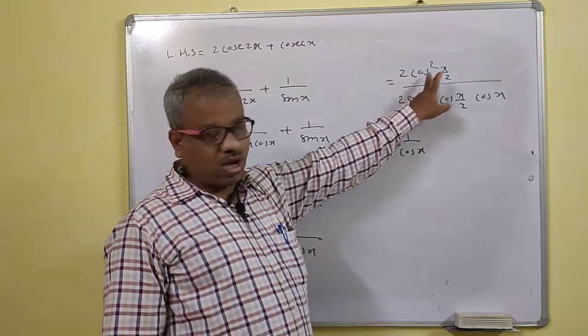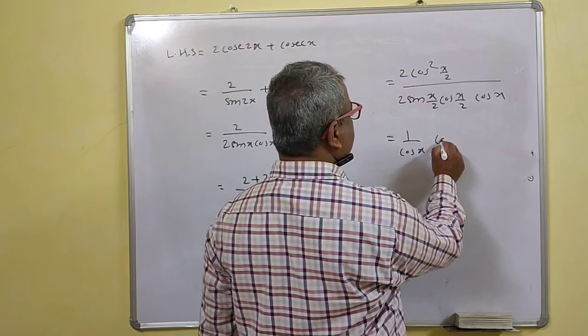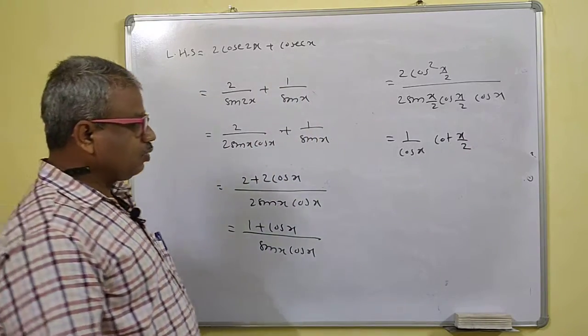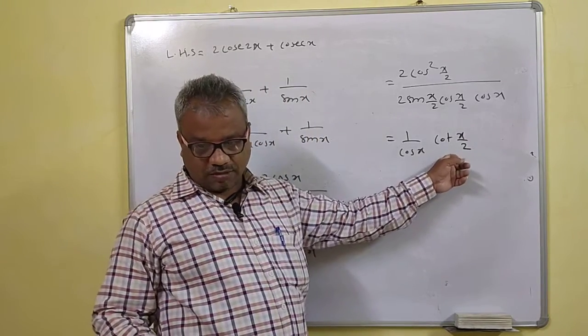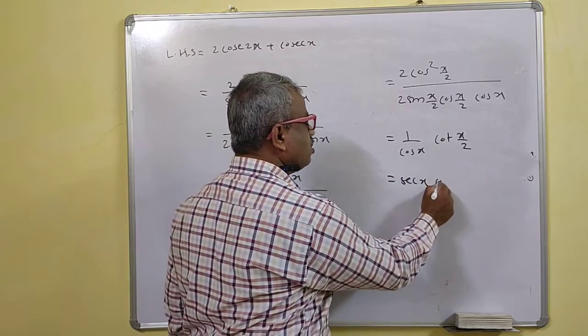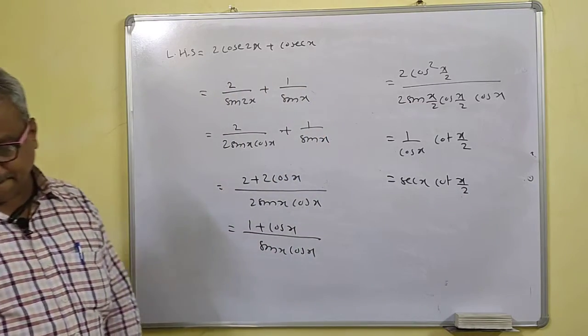So what we get is cos x by 2 upon sin x by 2. This is nothing but cot x by 2. And 1 upon cos is nothing but sec x. So we get sec x cot x by 2. Okay?